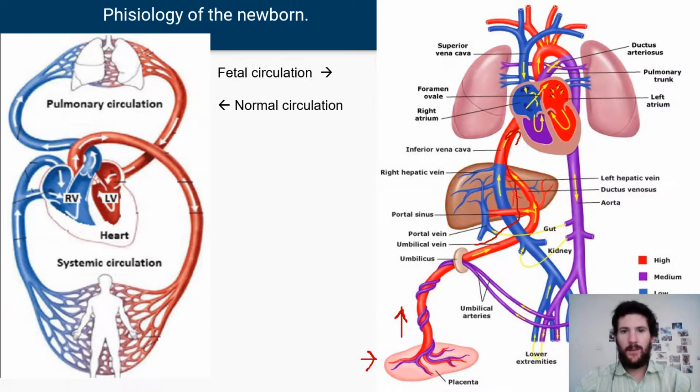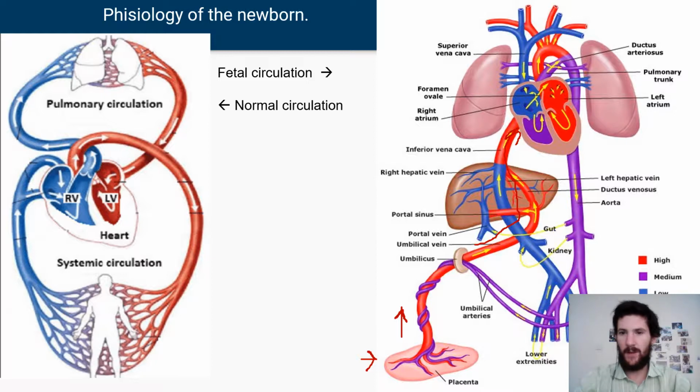And from the heart, it is pumped to the rest of the fetus. In that moment, the circulation has 2 important shunts, the foramen ovale shunt and the ductus arteriosus shunt. But after the birth, when the baby is born, these shunts close.